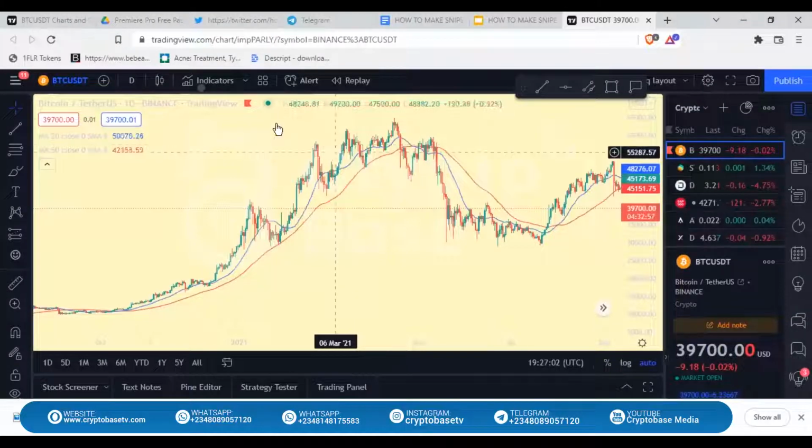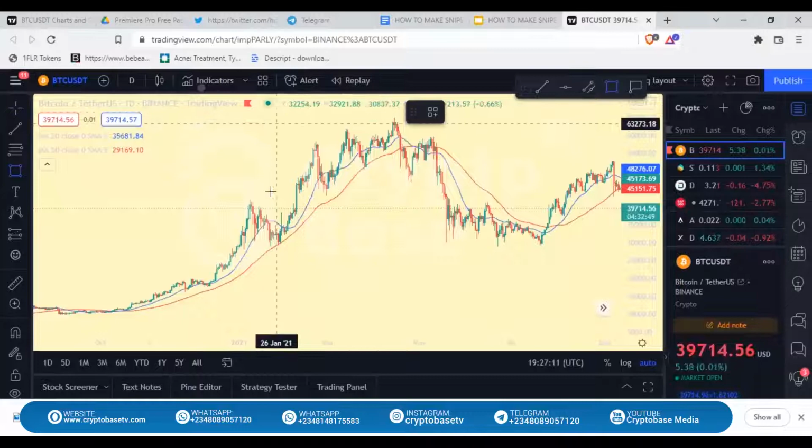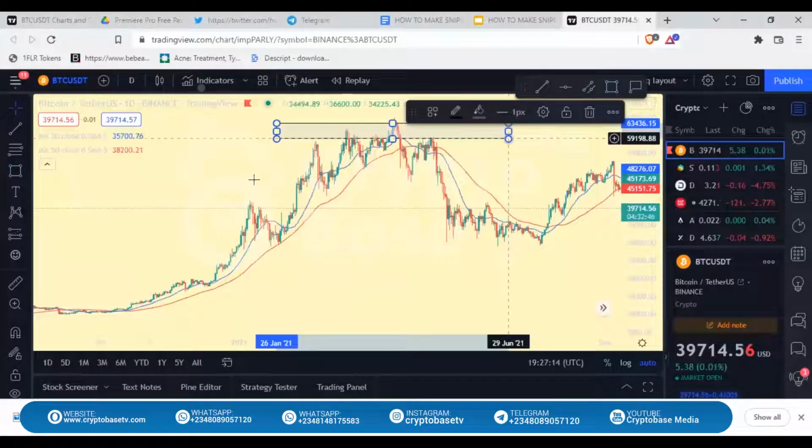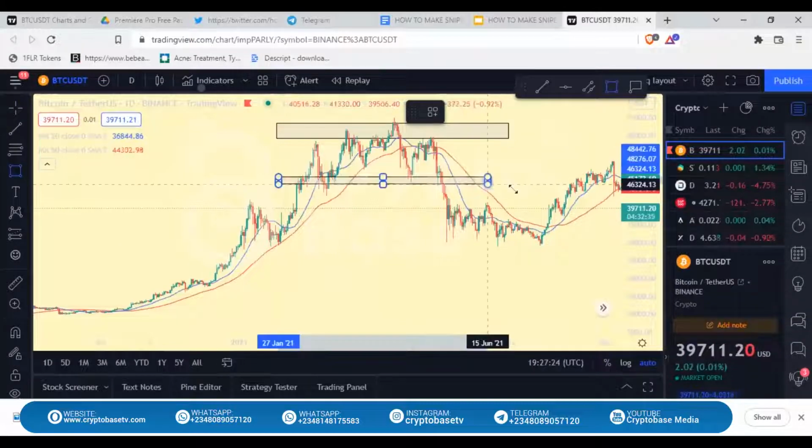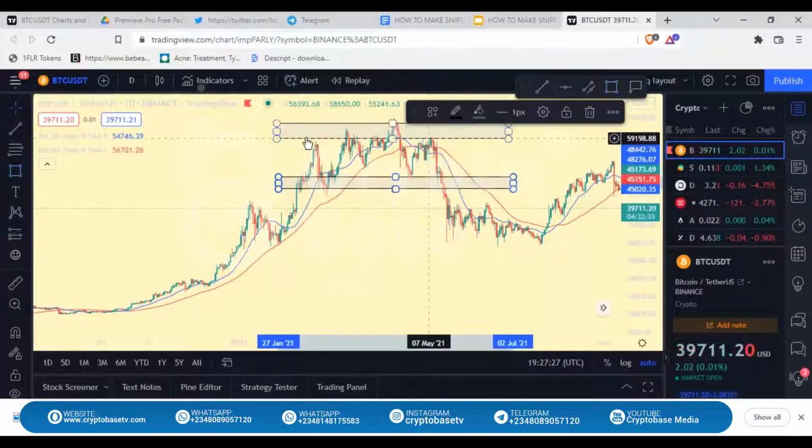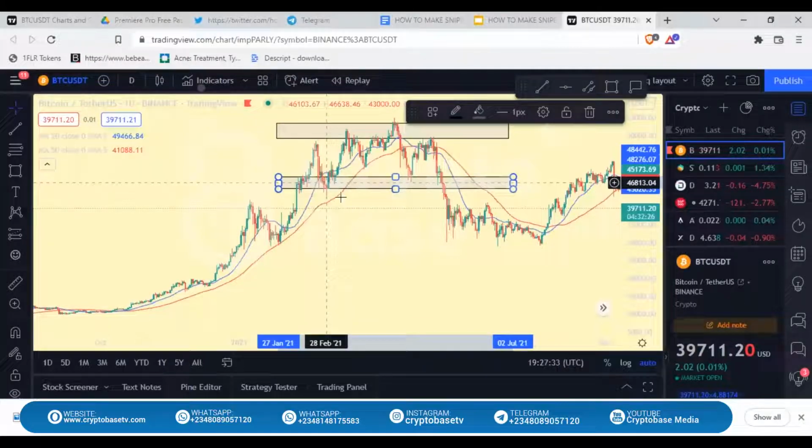If the price hits that point, it is either going to break it or it is going to bounce back from that area. Those are the two things that can happen at a support and resistance. This one on top here is a resistance, and this one below is support. This one serves as the roof, and this one serves as the floor. The floor can break, the roof can break.